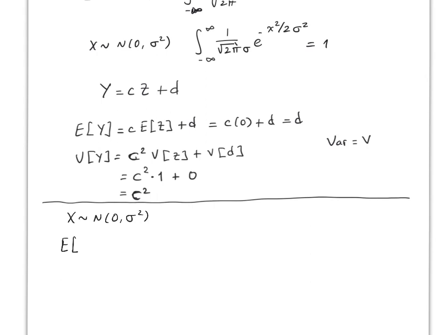You want to find the expected value of e to the aX, where X is the random variable and a is just a constant. Okay. So by definition, the expected value will be the integral from minus infinity to infinity of 1 over root 2 pi sigma e to the minus x squared over 2 sigma squared times the function you're trying to find, which will be e to the aX.